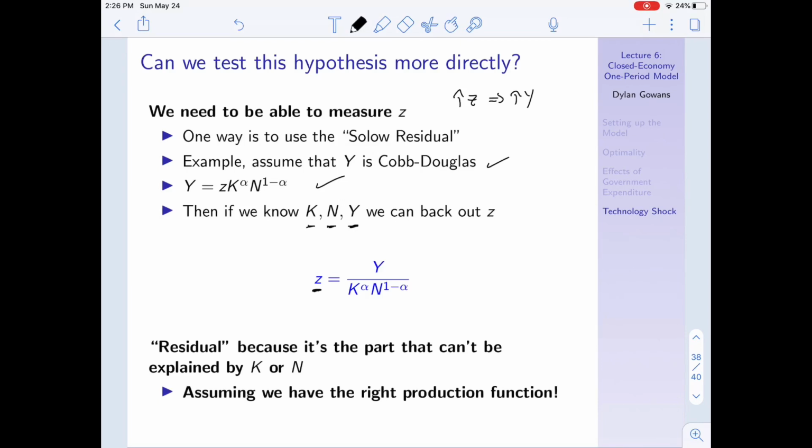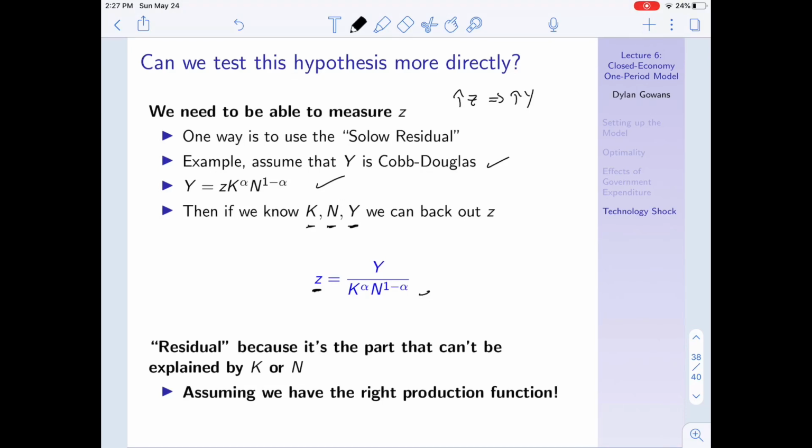So if we see an increase in Y, but K and N didn't increase at all, then that increase must have come from Z. Or alternatively, if K and N increase, but Y increases more than we would expect given the production function, then that additional increase in Y must be caused by Z.